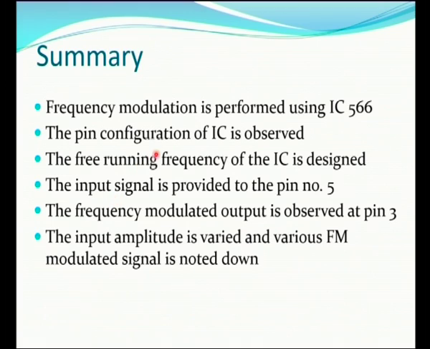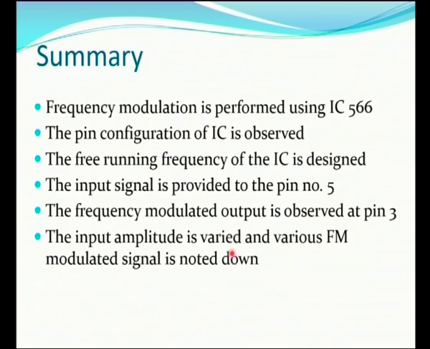After completing the circuit, we need to note down the free running frequency, which is nothing but Fc. Then give the modulating signal input to pin number 5. After providing the input, you can observe the frequency modulated output either at pin number 3 or pin number 4. You will get either triangular waves or square waves.